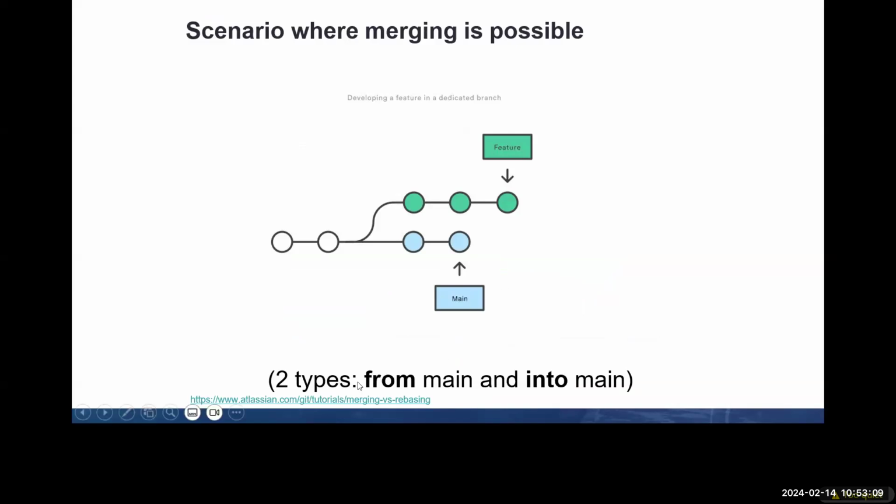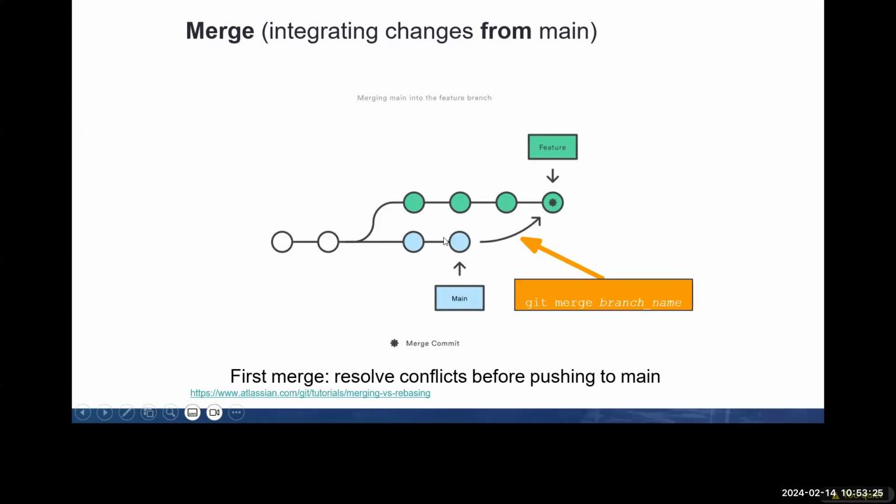We have two types, from main and into main. So we can merge from the main and we can merge into the main. The green one is our feature and the blue one is the main branch.